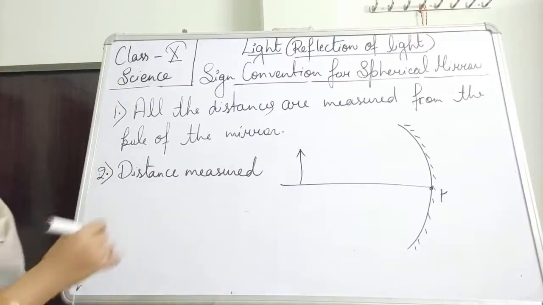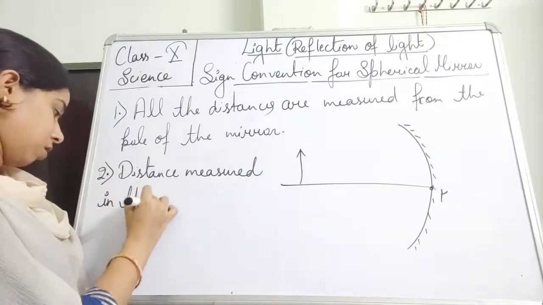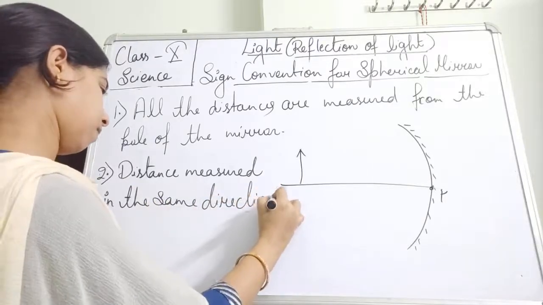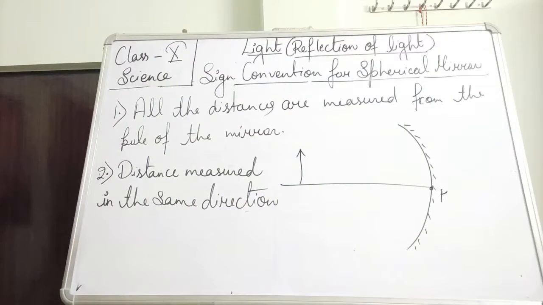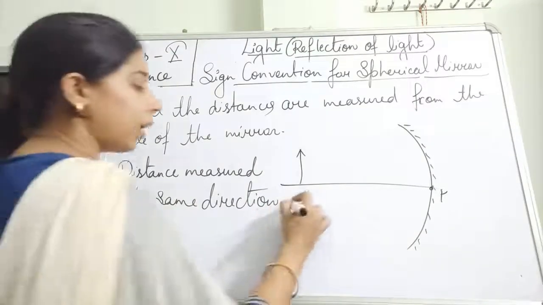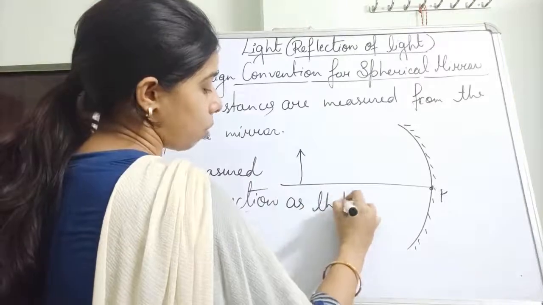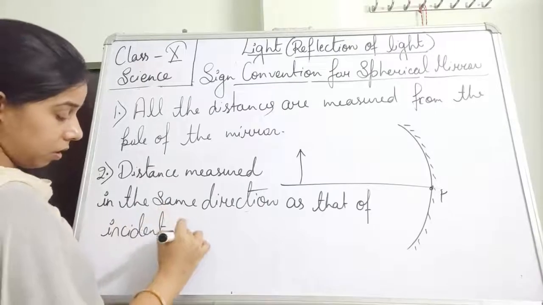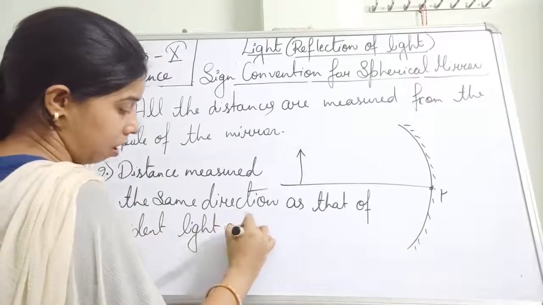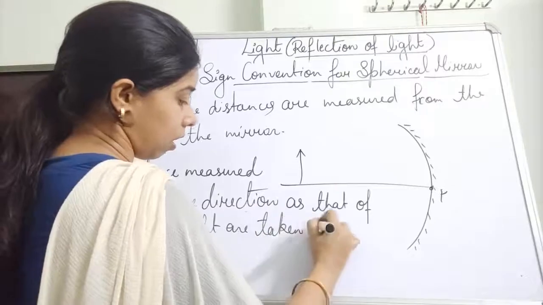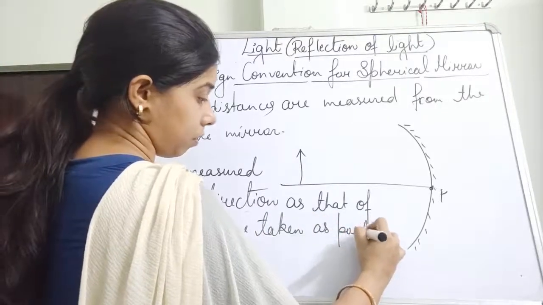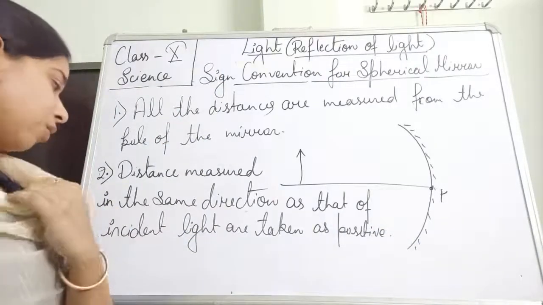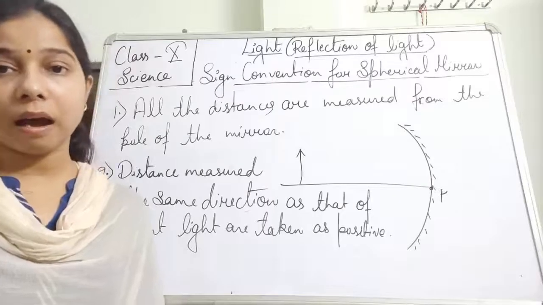in the same direction as that of the incident light are taken as positive. Distance measured in the same direction as that of the incident light is taken as positive.